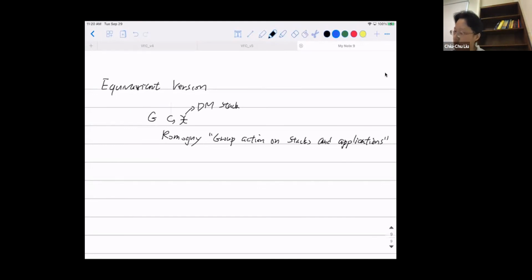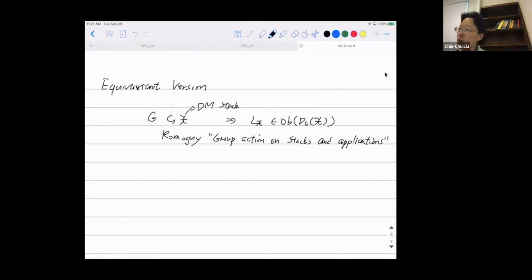So it's in the sense described in this paper. Suppose that you now have a group action. Then the cotangent complex will be an object in the derived category of G-equivariant coherent sheaves.